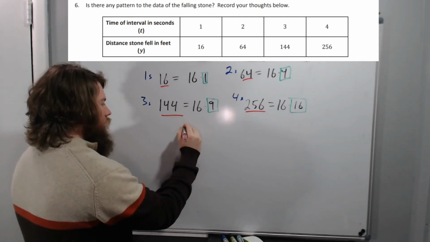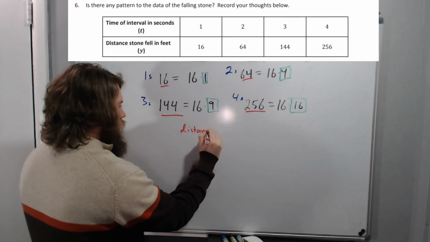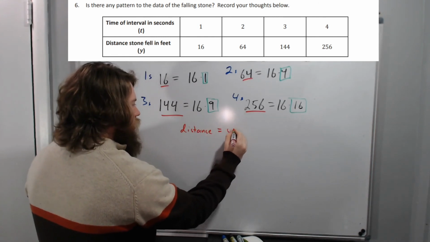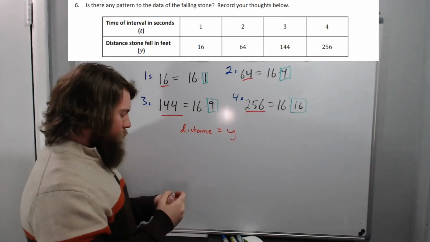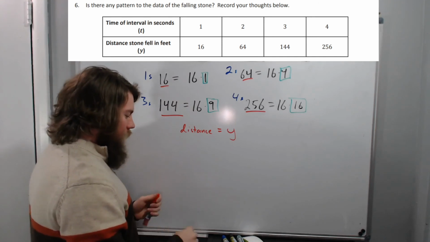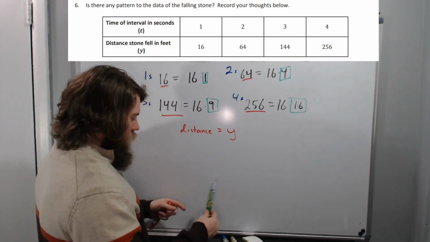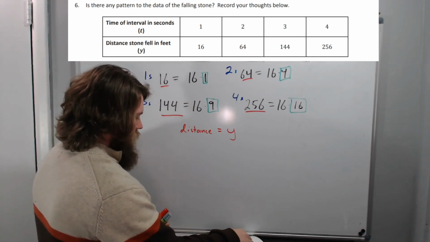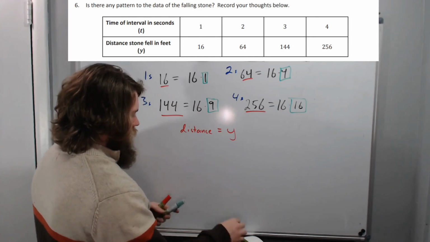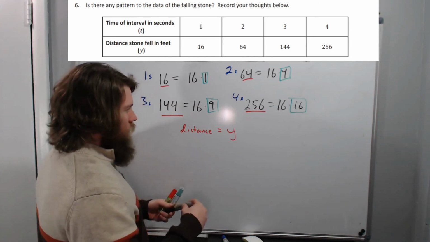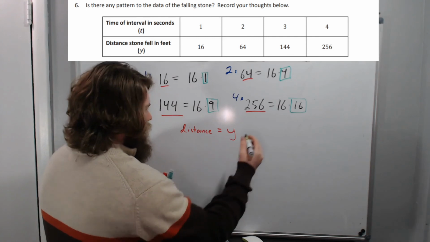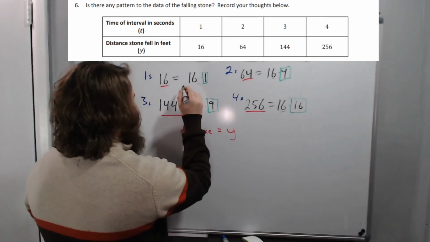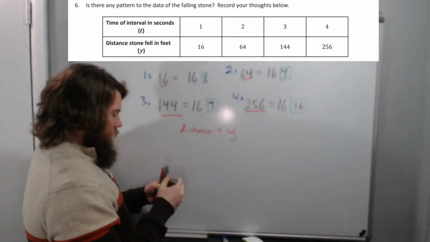So distance, we usually just call that our y, okay? And then we had this sort of crazy 16 here. That was a factor of every single one of them, okay?